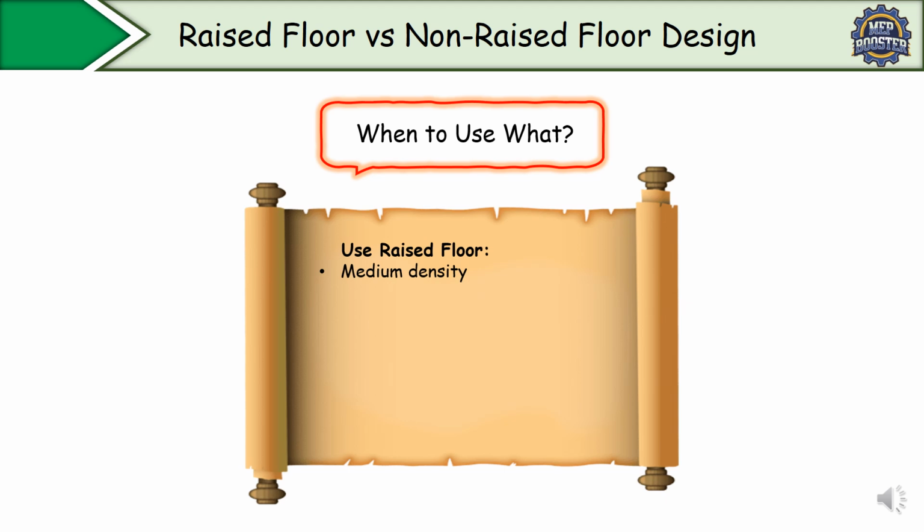Here normally the underfloor air can handle normal cooling load and there is no need for a very aggressive cooling system. So for small to medium data centers, it is best. Next, for traditional design, you can use the raised floor system like an old or conventional data center layout.